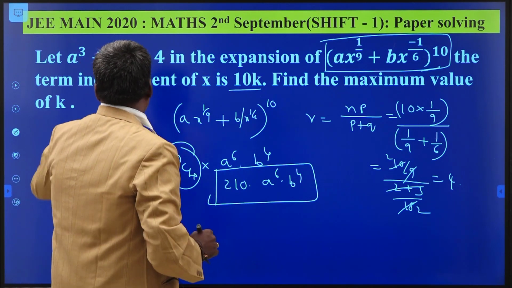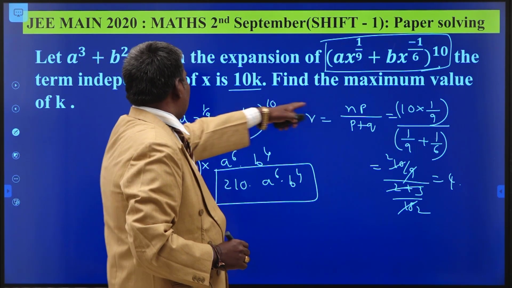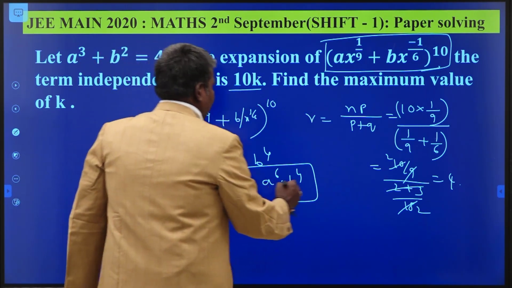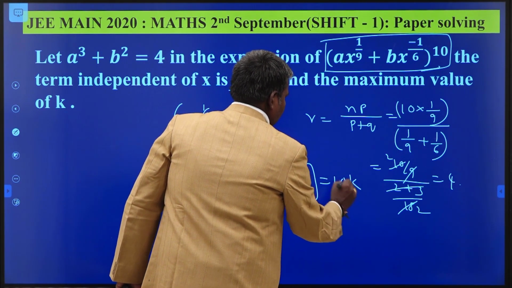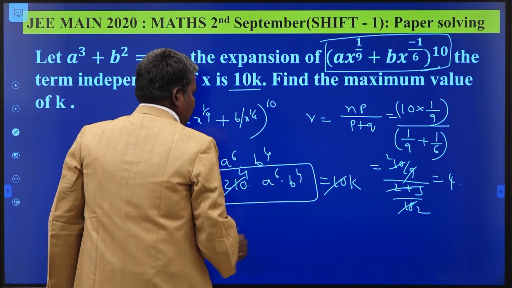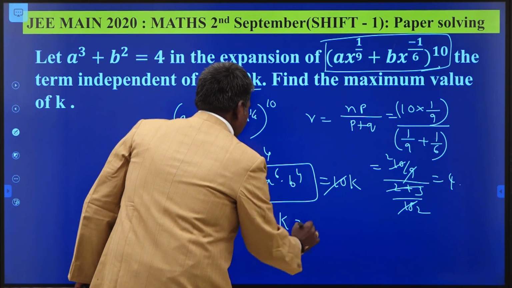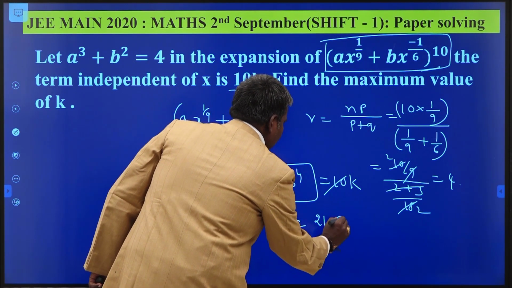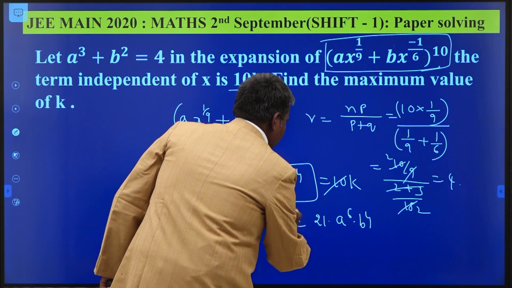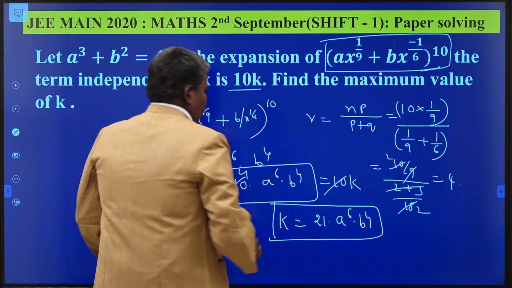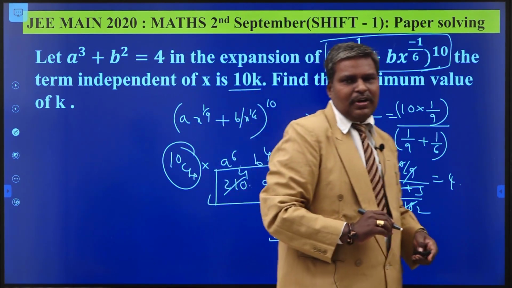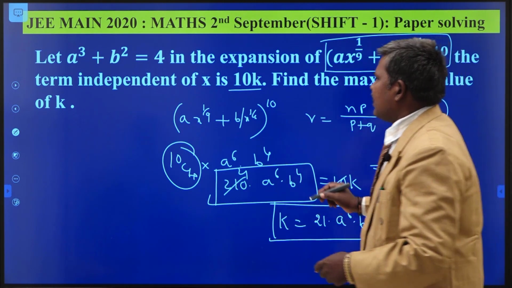What you are going to find out is the maximum value of 10k. It is given to you as 10k. 10 cancels out, 21 times. So what is our k value? K is equal to 21 times a power 6 b power 4. We have to find the maximum value of k. For that they have given this information.